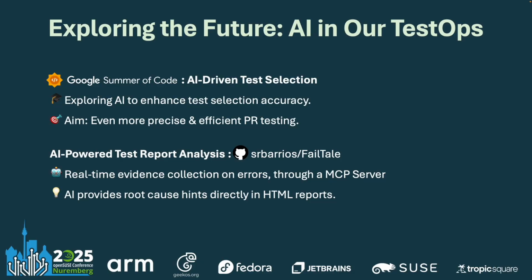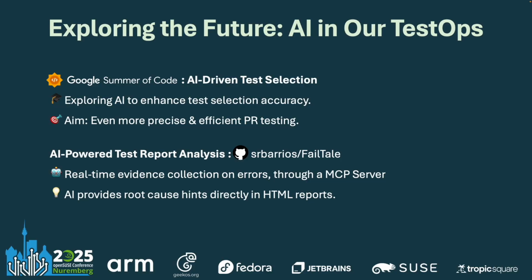The AI then looks at this collected data and tries to give an early idea about what might be causing the problem, putting this information directly into our XML test reports. This could greatly speed up how fast our engineers find and fix problems by giving them very relevant, context-aware information.